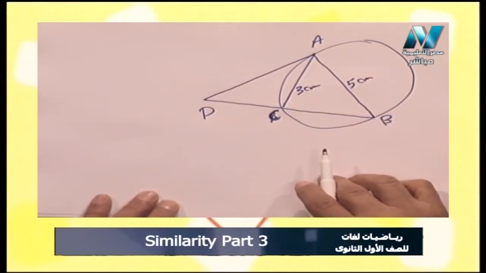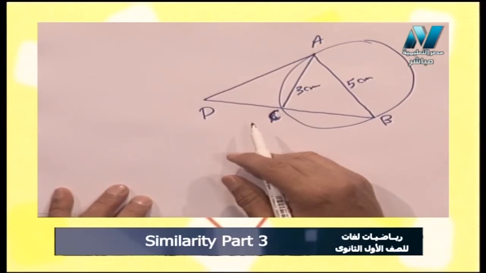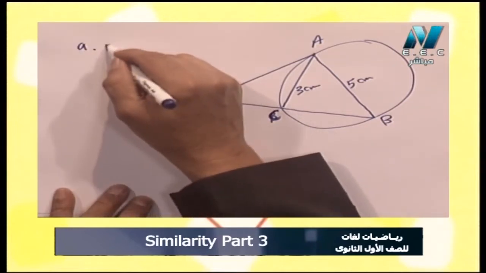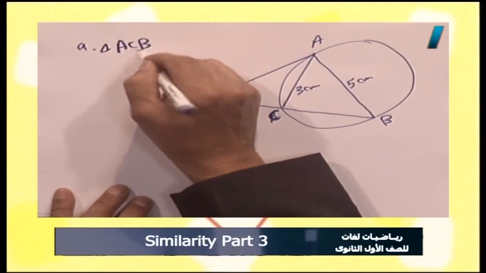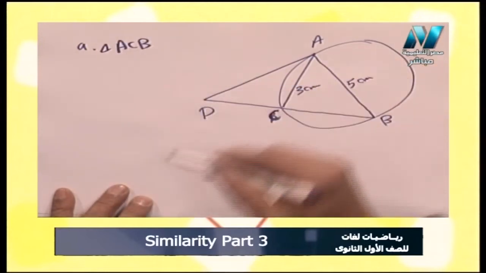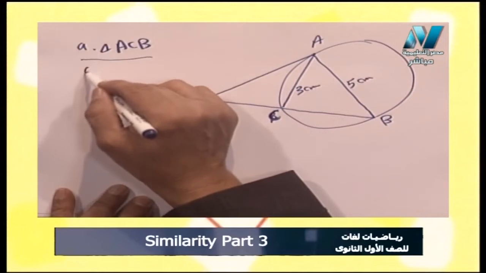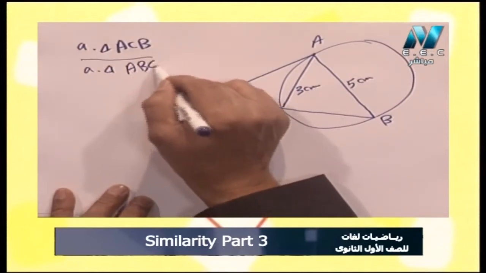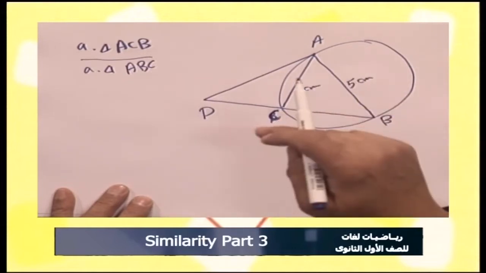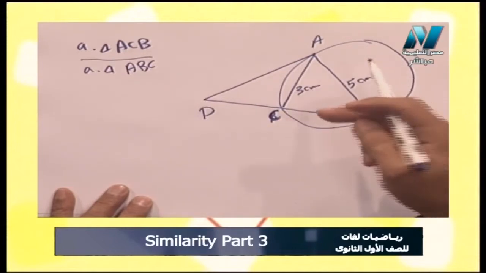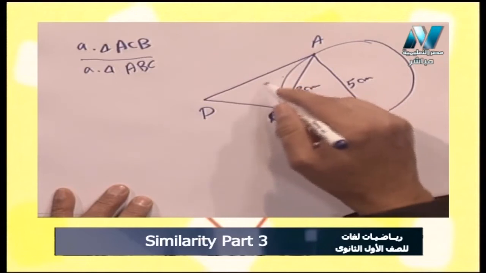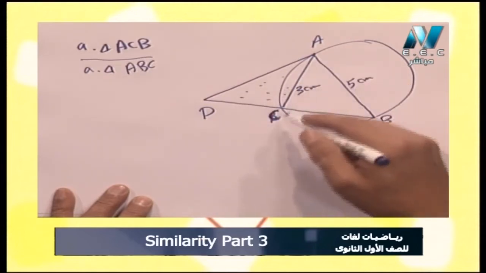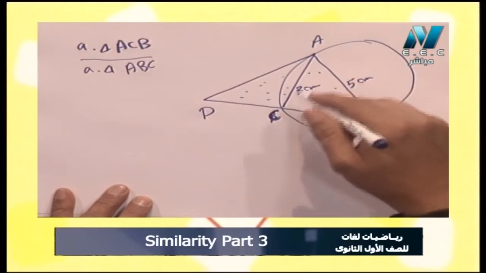Okay, the request is the ratio between the area of triangle ADC and the area of triangle ABC. He would like to find out the ratio between this triangle ADC and the area of this triangle ABC.